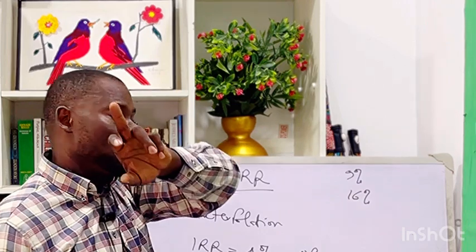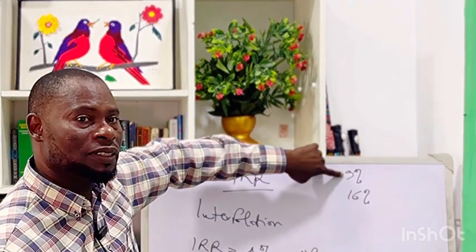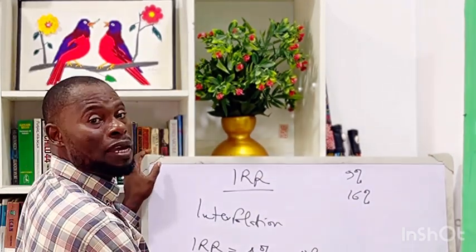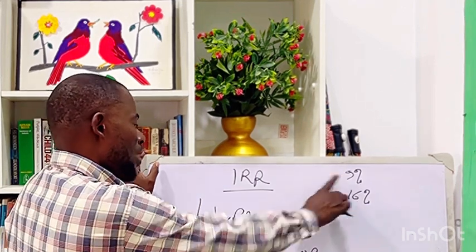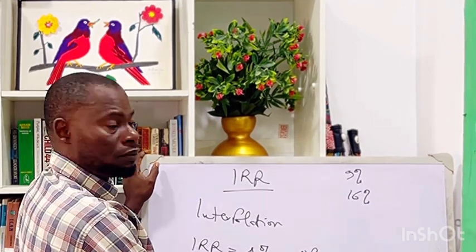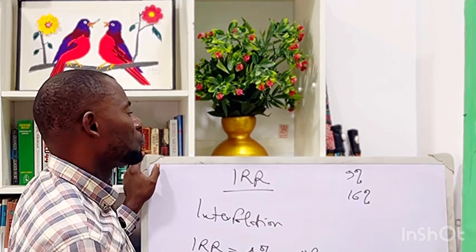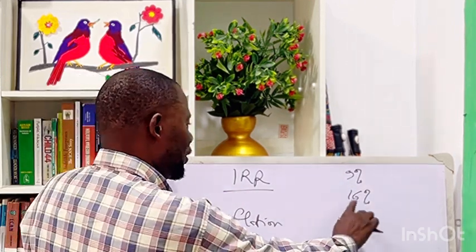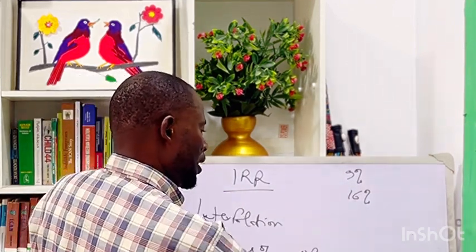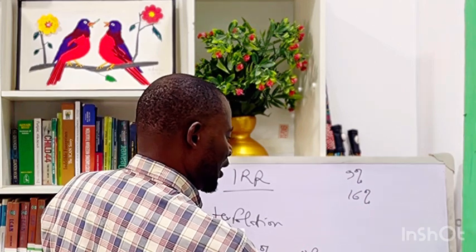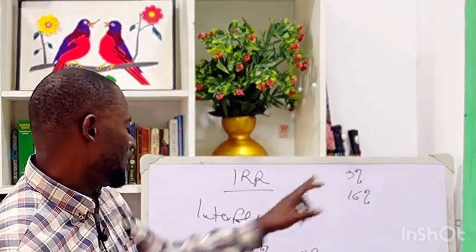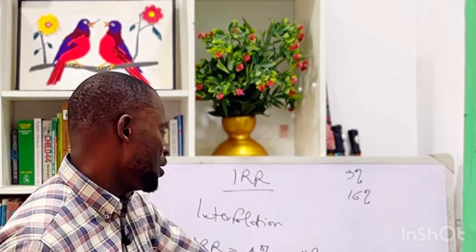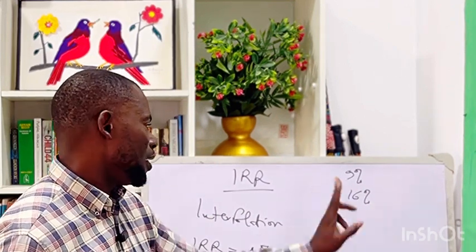Now, if your first trial is this 9%, it means this is the percentage in your interpolation. It means your number will be 9%. Good. Now, the second one, 16%, so this is A%, and now this will be B%.